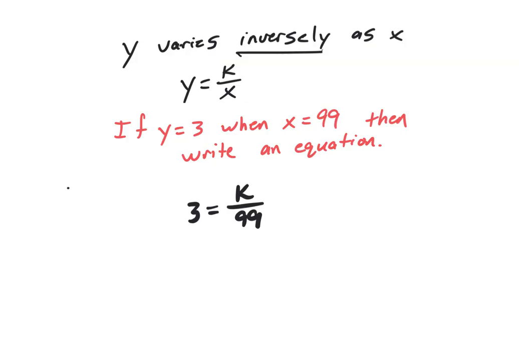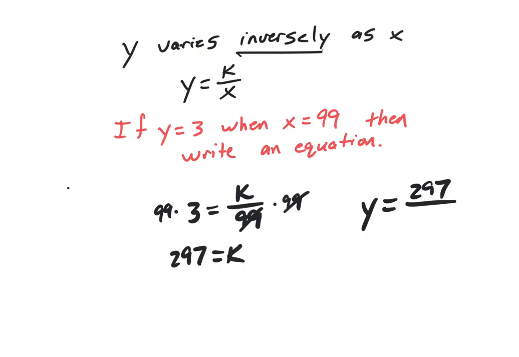And then we're going to solve for k. Well, what would we have to do here to get k by itself? Yeah, multiply by 99. So 99 times 3? 297. That's my k value. So then when I finish this out, I'm going to plug that back in for k. I just go back to the original equation, input the k value that we now have, and that's my equation.